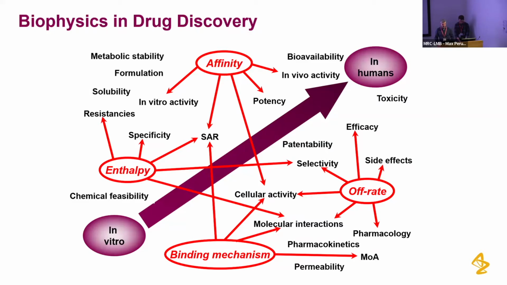And these parameters are associated with things like potency, with structure-activity relationships, with selectivity, and can be associated with off-target side effects. And obviously binding mechanism is related to molecular interactions on your target, but also other off-target proteins, and potentially drives the cellular activity that you want to see.